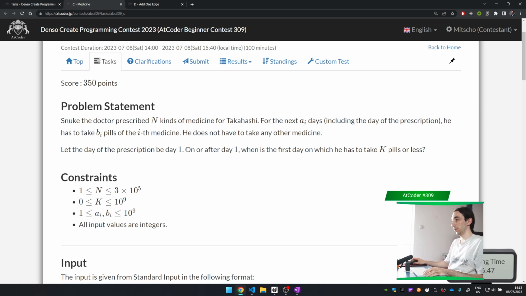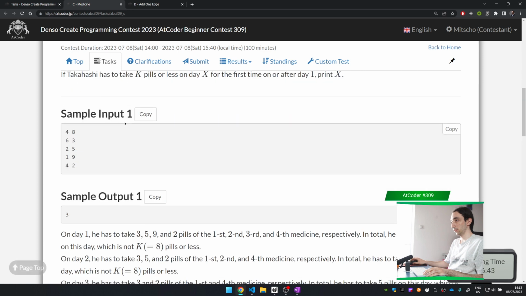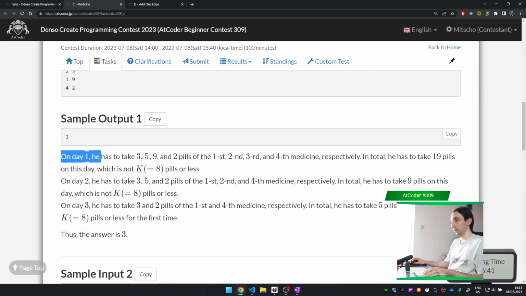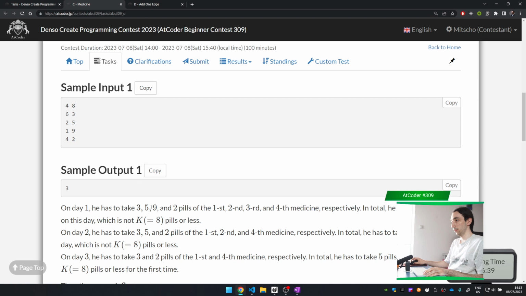Let the day of the prescription be 1. So there's this, and then on day 1 he has to take 3, 5, and 9, and 2 pills of the first, second, respectively, in total he has to take.